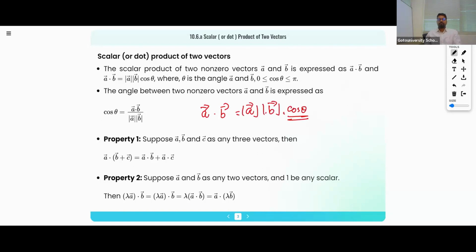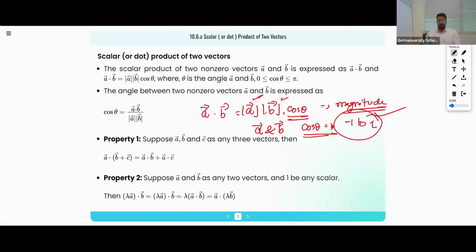What is that theta? Theta is the angle between the given vectors A and B. Obviously cos theta is also a number which ranges from -1 to +1, right? So this is a number, and magnitude of A and magnitude of B are also magnitudes. At the end, the product remains a magnitude only. That is why it is a scalar product.